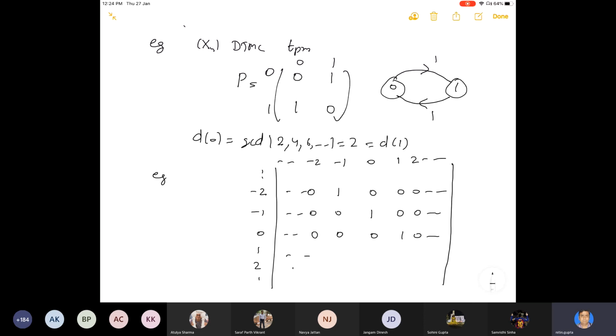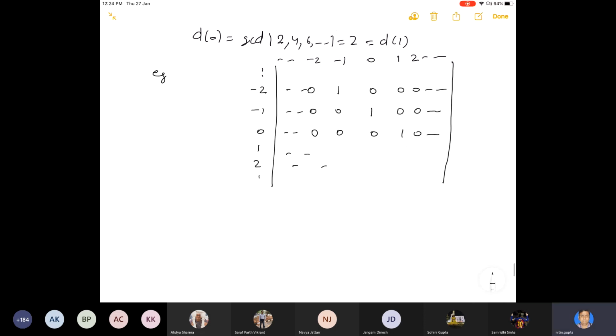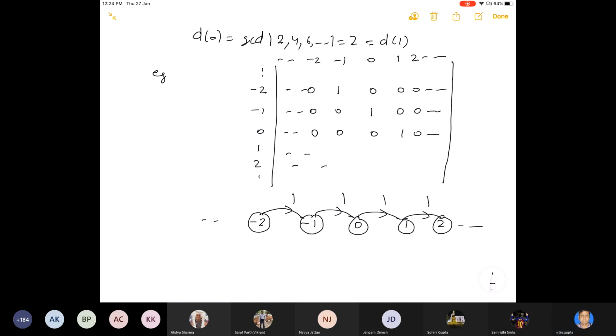In this fashion, -2, -1, 0, 1, 2, each transition has probability 1.